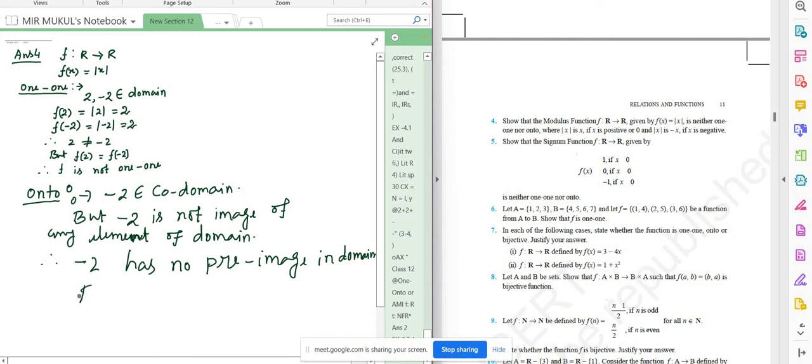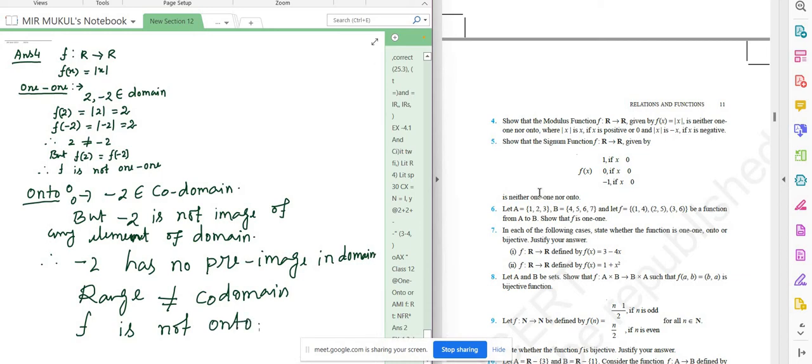It means range is not equal to codomain. If range and codomain are not equal, then you can say that f is not onto, right? Yes, sir. Sure.